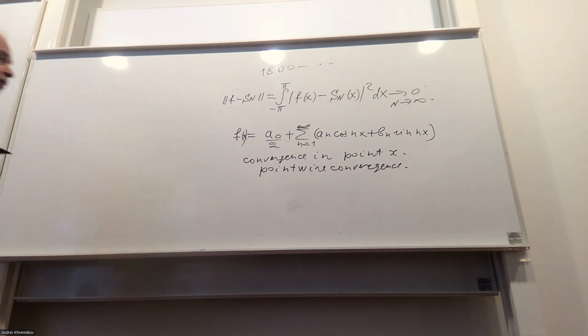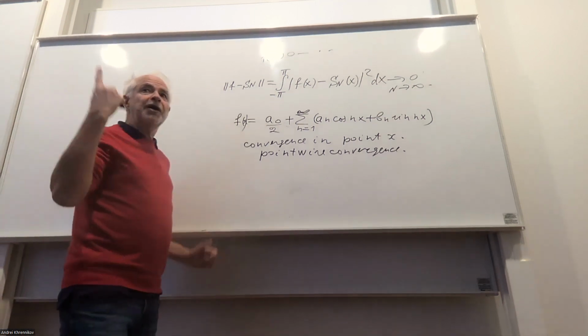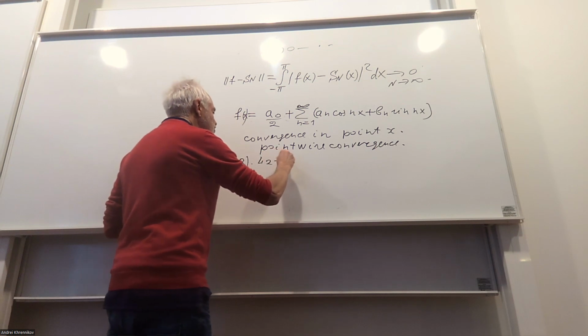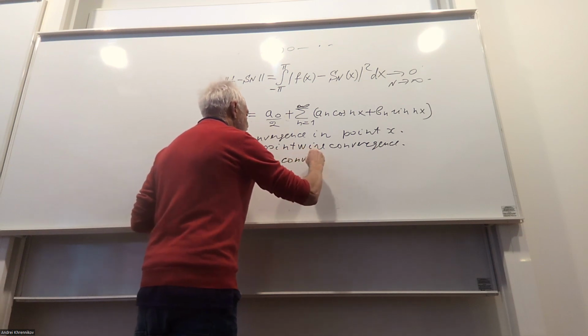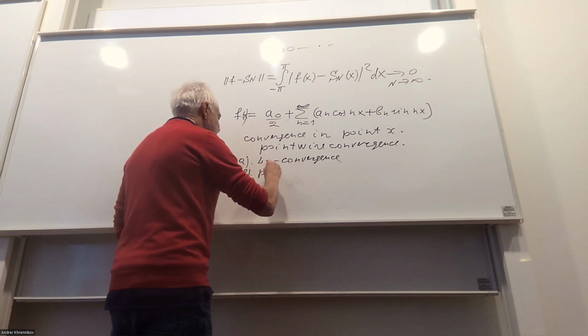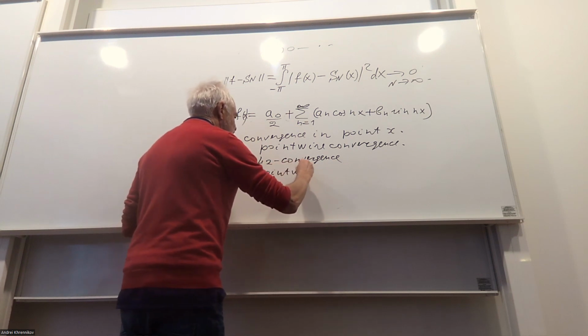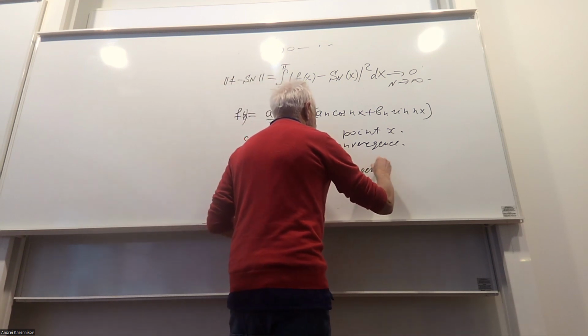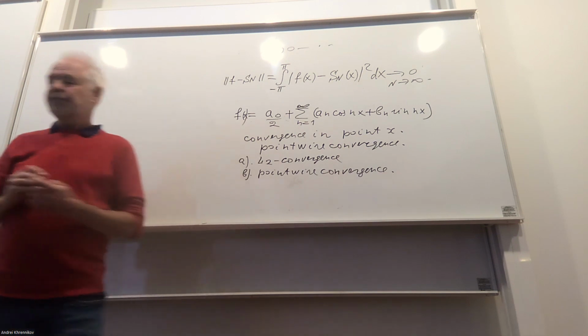Pointwise convergence. So first of all, we now have two types of convergence: A, L2 convergence, and B, pointwise convergence.